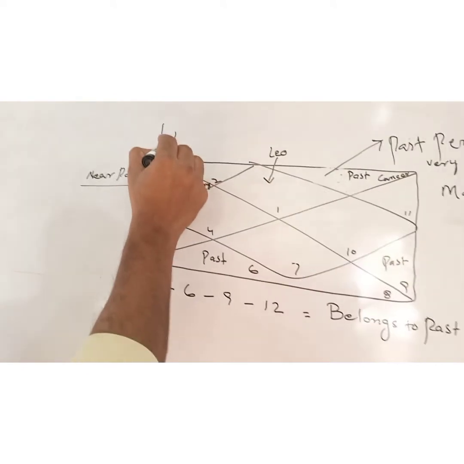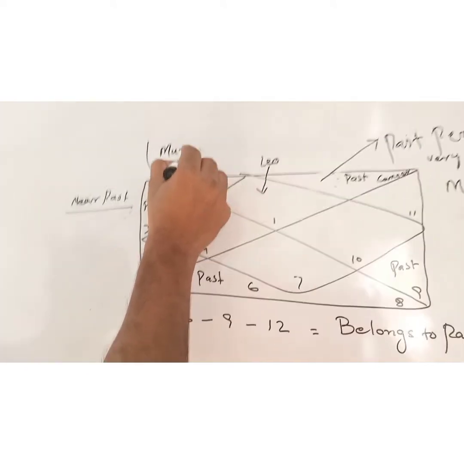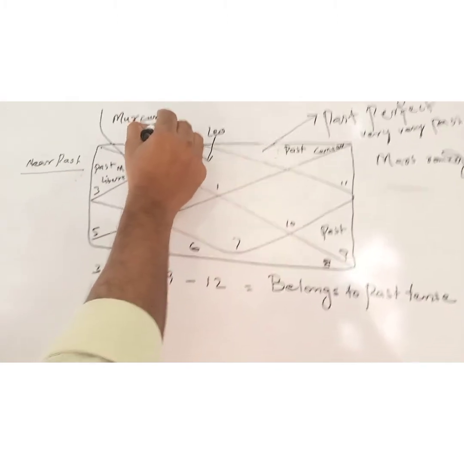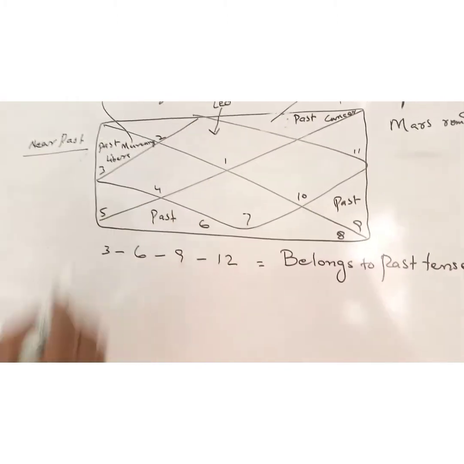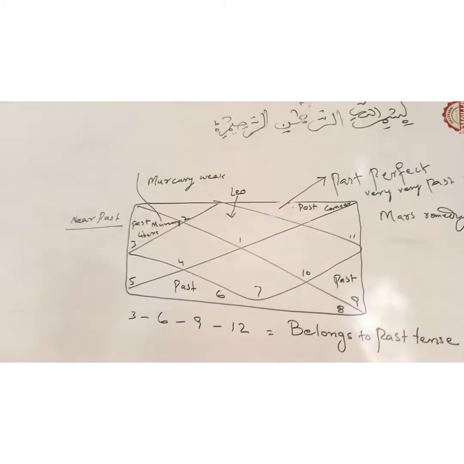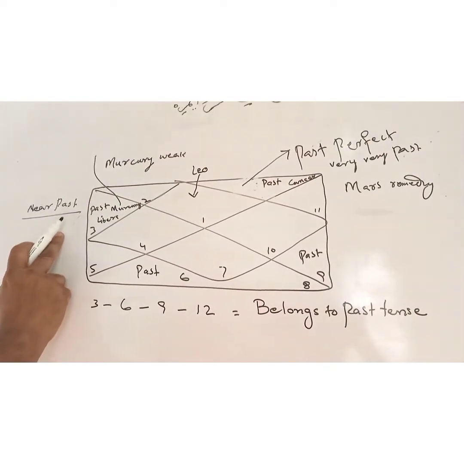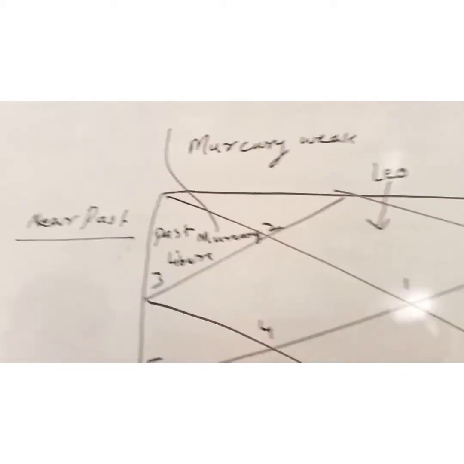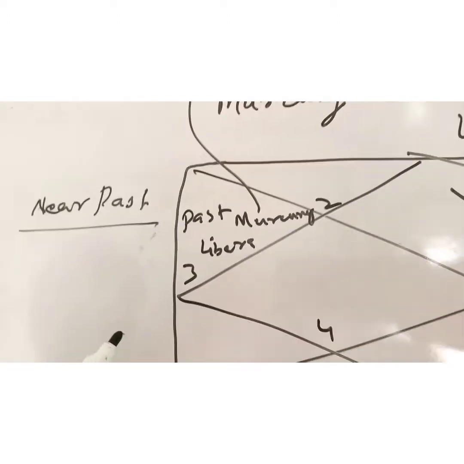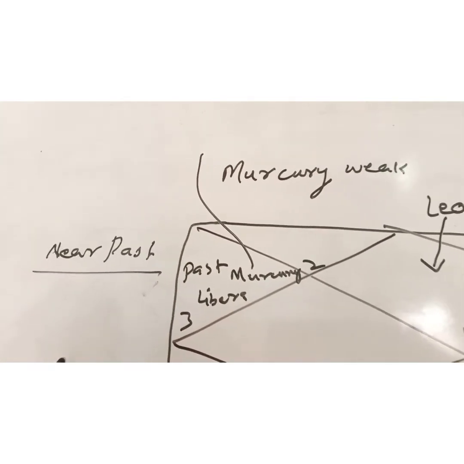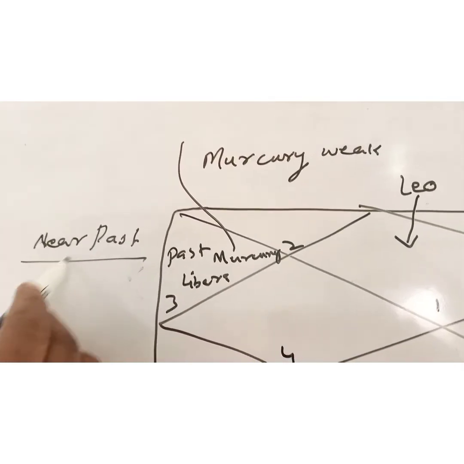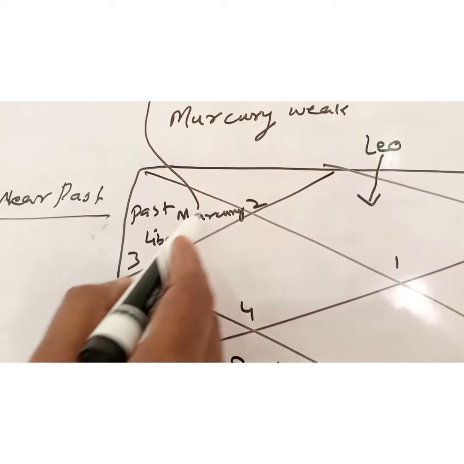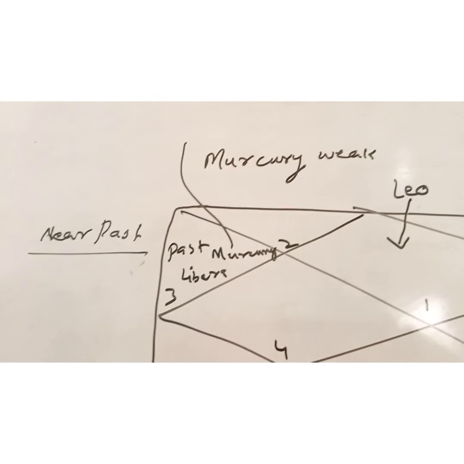Mercury is weak or retrograde. Then we think that in the near past, this man is under the curse of their near relatives, brothers and sisters. And we have to do the remedy of Mercury here.